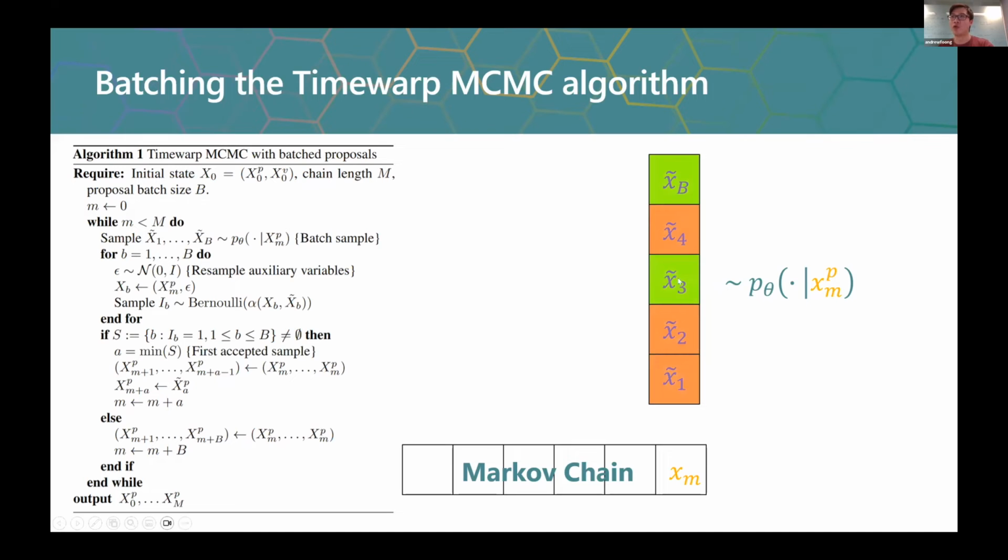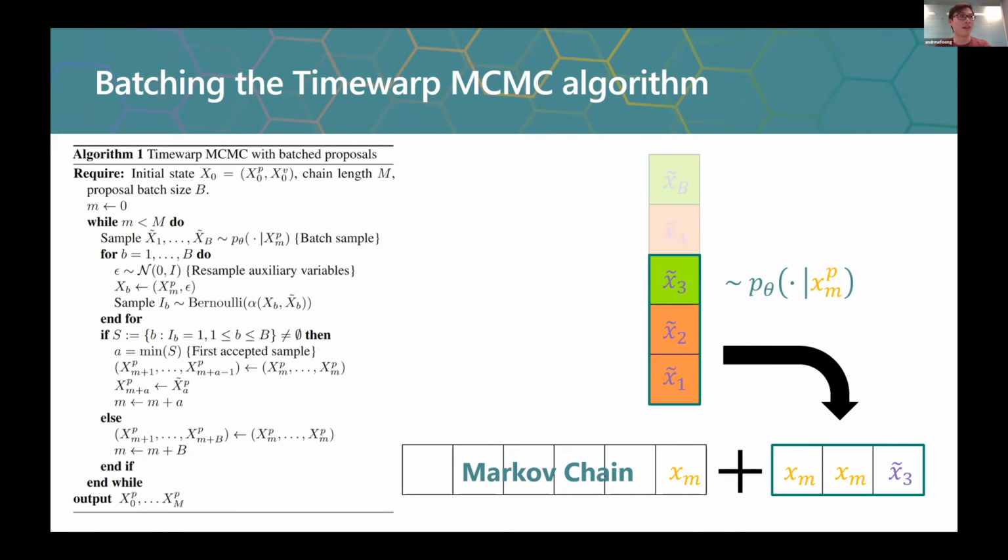And here, green represents high acceptance probability and orange represents low acceptance probability. And then we can just take the first accepted sample and append everything up to that point to the chain, all in one go. This is very useful if your acceptance rate is low, for us 1 to 2%. So if we can sample a batch of 100 at a time, this really speeds things up because we need one forward pass instead of 100 forward passes.